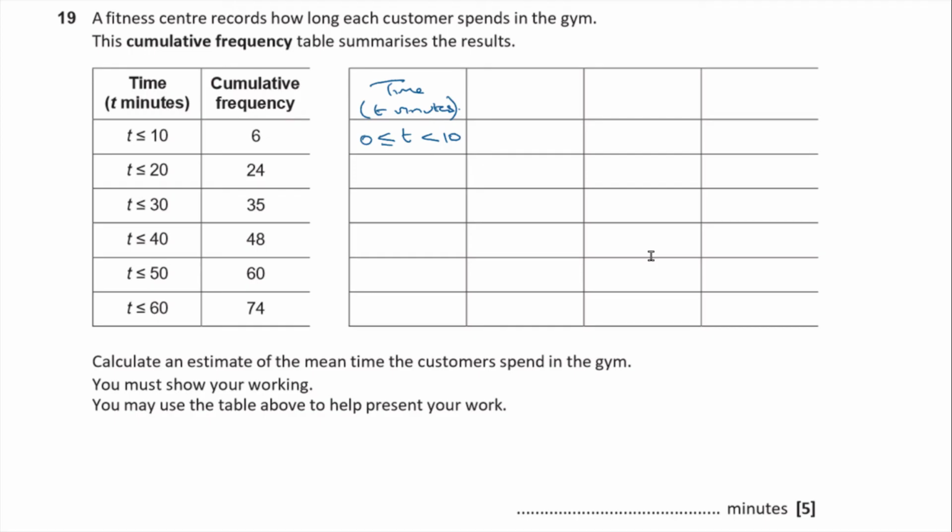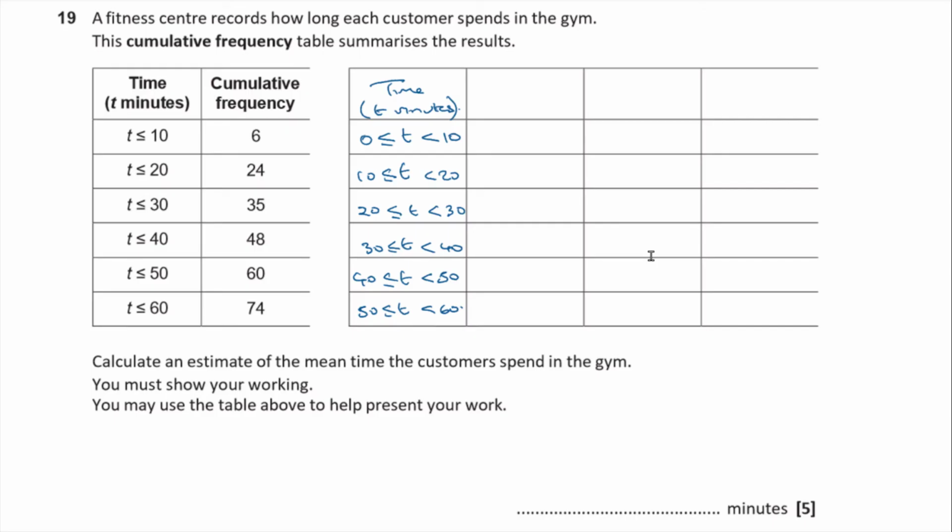Then my next group is t lies between 10 and 20, then 20 and 30, 30 and 40, 40 and 50, and t lies between 50 and 60. Okay, so that's my t minutes.